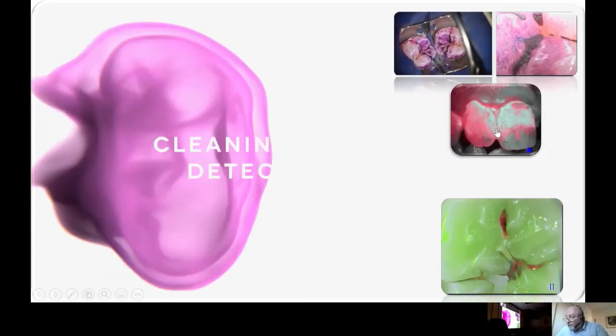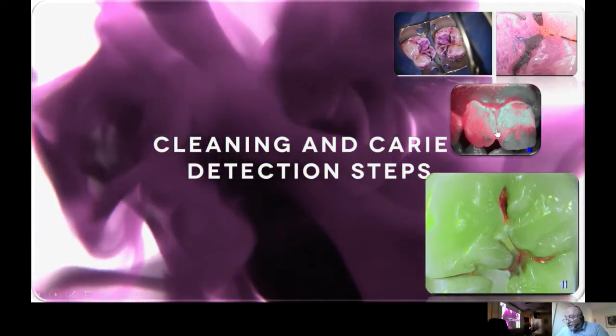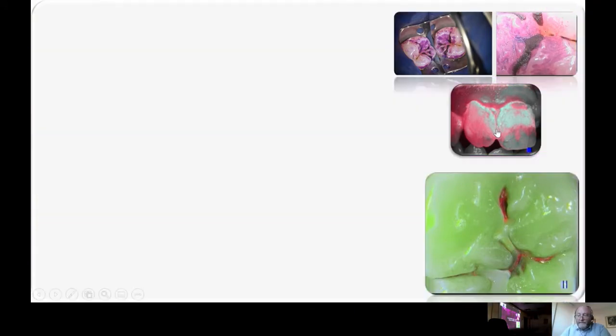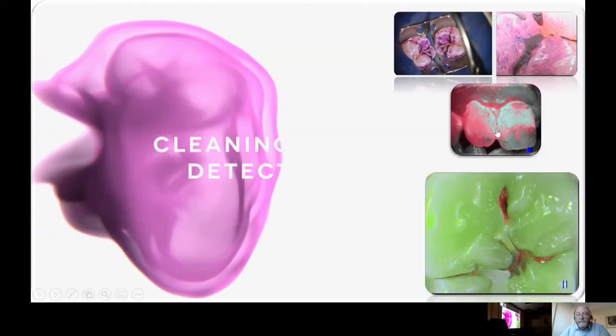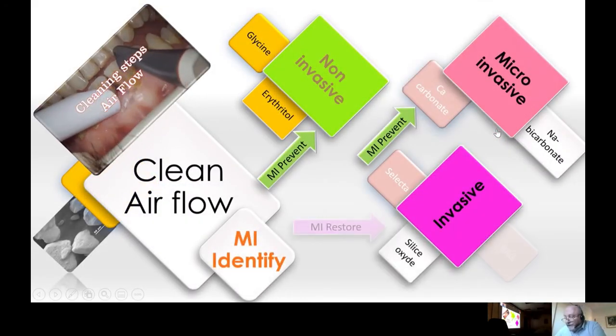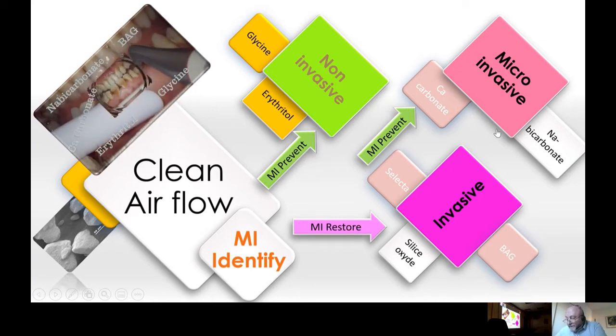So let's speak about the cleaning step and caries detection. First, disclose with specific dye or use photonic signal. As part of the identification step, cleaning the tooth surface without damaging it is absolutely mandatory.